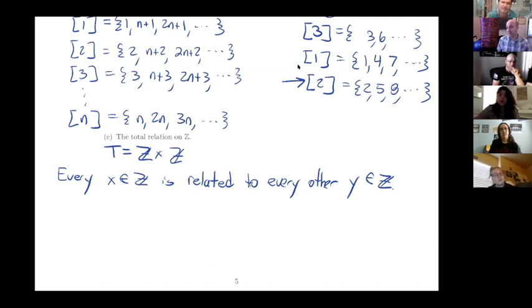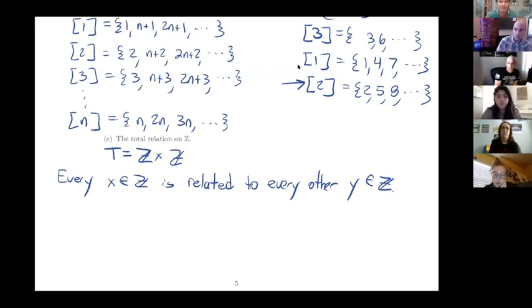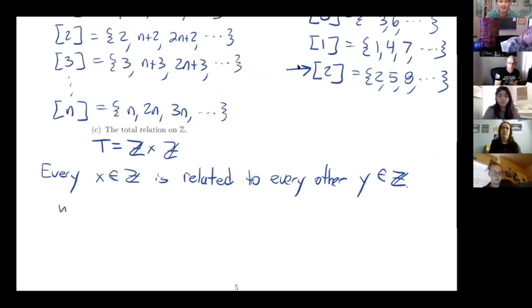Yeah, that's right. We're just going to get one equivalence class here. Since I pick X, X is related to every other element in the set, every other integer in the set. So this would tell me for any total relation, we have one equivalence class.